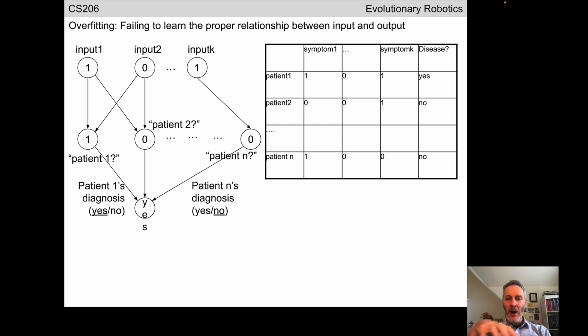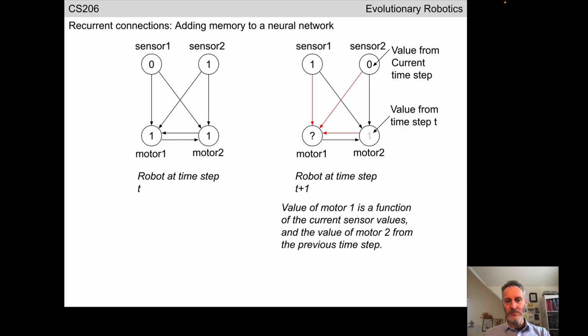If we then take that robot and put it in a new environment and we want it to perform the same task in that new environment, it may not know how to because it may have memorized sensory patterns that it experienced in the old environment, and it's not able then to generalize. It's not able to perform the desired behavior in a new environment.